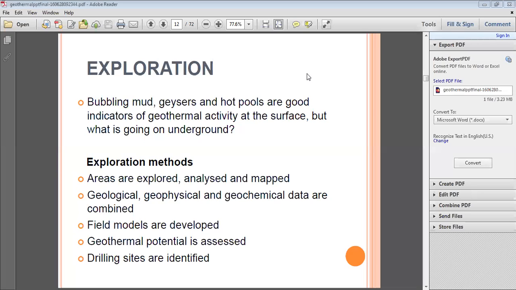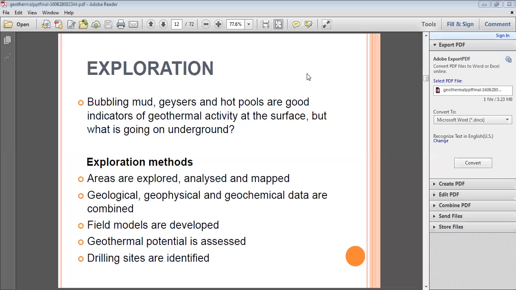Field models are developed with the help of this, and then geothermal potential is assessed at these places. If we see that there is a potential nearby, a source for geothermal power, then the drilling sites are identified.